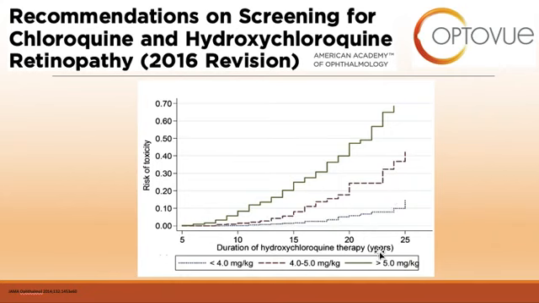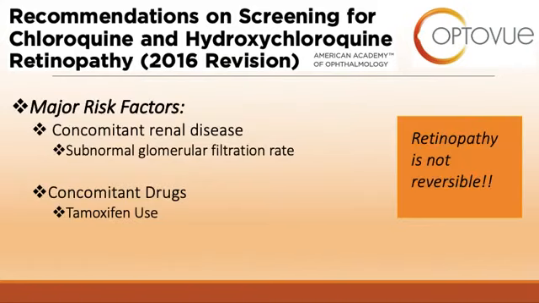However, when you're taking more than the recommended dosage of less than or equal to 5 milligrams per kilogram, look how that number spikes up to almost 70% affected at the 25-year mark. So this diagram shows what we mentioned in the previous slide, that dose and duration work together in determining the patient's risk of toxicity.